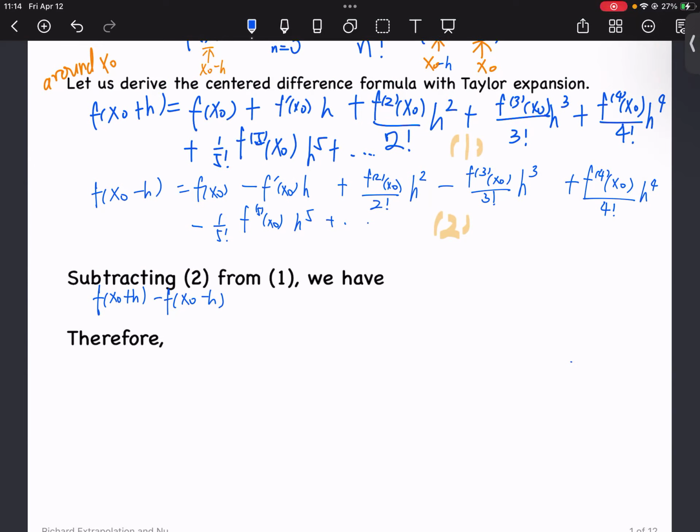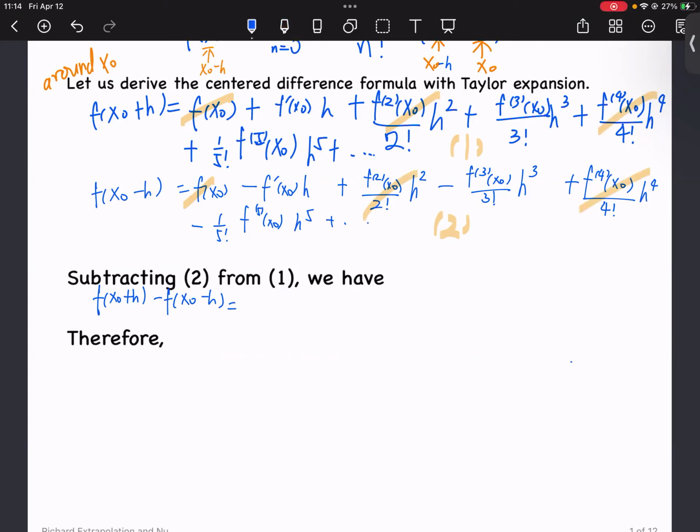So at the end, on the right hand side, this cancels away, this cancels away, the even order terms just cancel away.